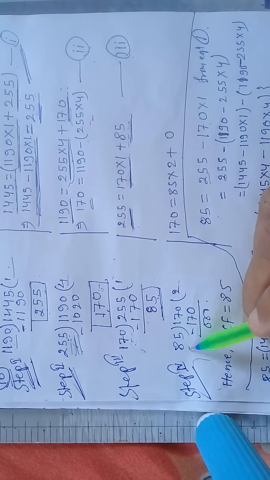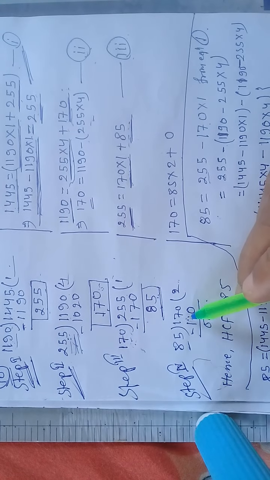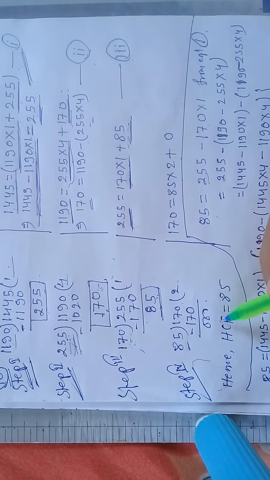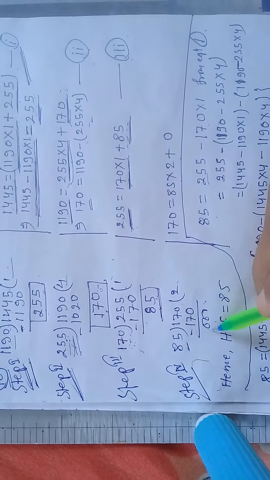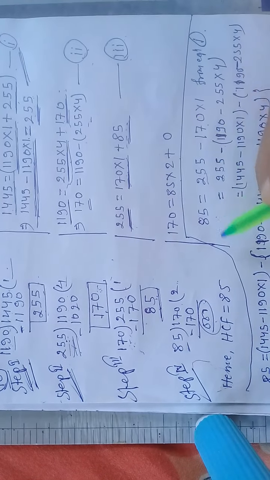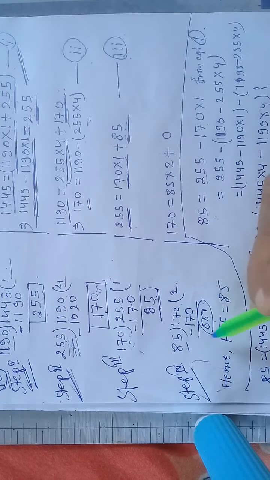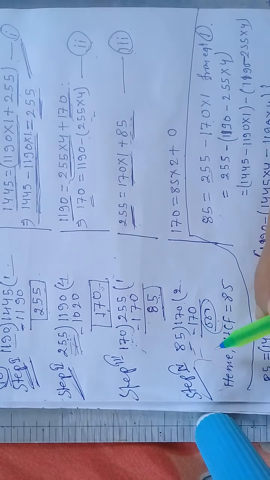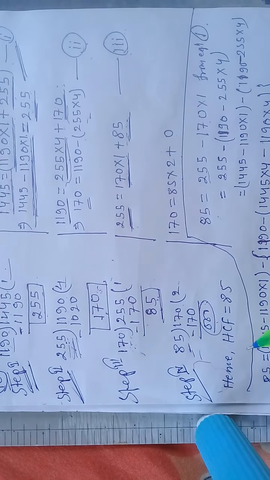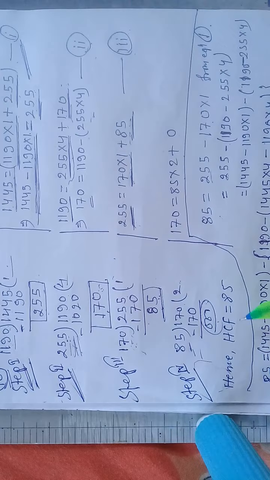Now in step 4, 85 is the divisor and 170 is the dividend. In 2 times we get remainder 0. Here the remainder is 0. It means 85 is the HCF of 1445 and 1190.